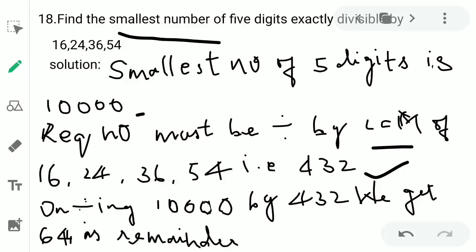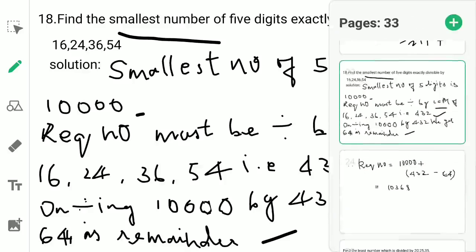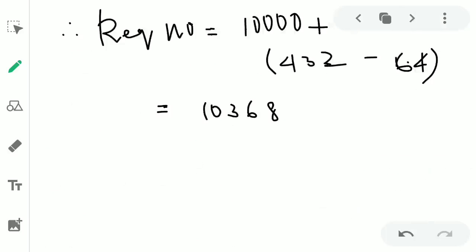On dividing 10,000 by 432, we get the remainder as 64. So the required number equals 10,000 plus 432 minus 64. You will get the answer as 10,368.